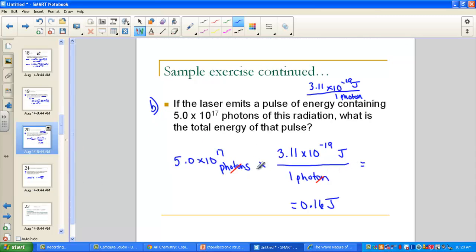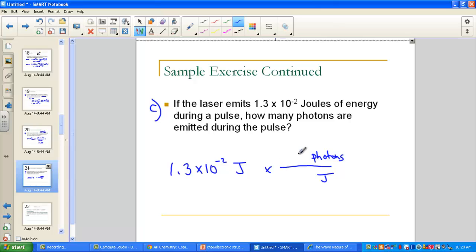Previous example, letter B, we wanted photons to cancel and go to joules. So I have to just flip this around to get my units to cancel. In every one photon, 3.11 times 10 raised to the negative 19th joules of energy.